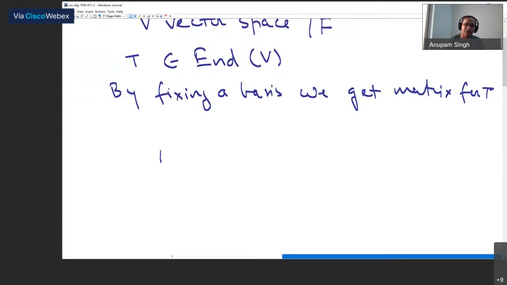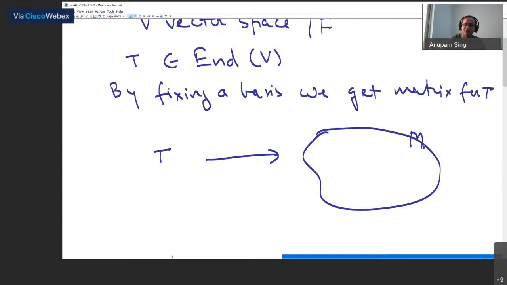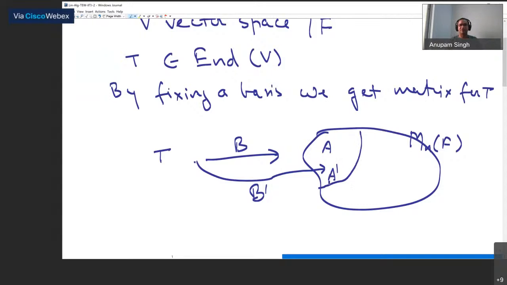So if I begin with T, and if I want to go to the set of matrices, so this is my matrices M_n(F). If I choose one basis, then I can get A. But if I choose maybe some other basis, let's say B dash, then I can get some other matrix A dash, and I can get several matrices for the same linear transformation, right?